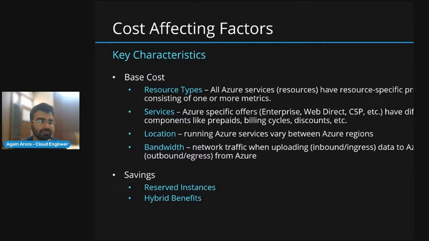If we reserve them for a longer period, we get more discount. There are two options as of now, 1 year commitment and 3 year commitment, and the payment options are both monthly and yearly.